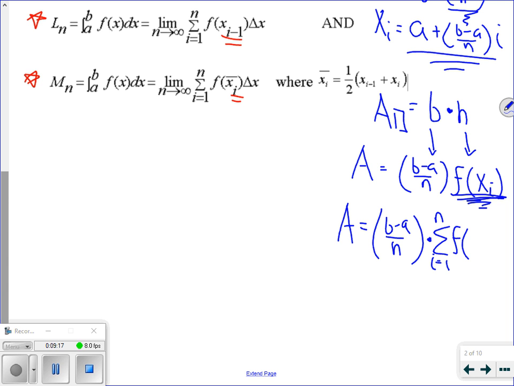And f of x sub I, which, remember how we wrote up above, x sub I is just a plus b minus a over n times I. So area is base times height. Base is just the length of the subinterval divided by n. And then the height is just us adding up all those x values on the subinterval.